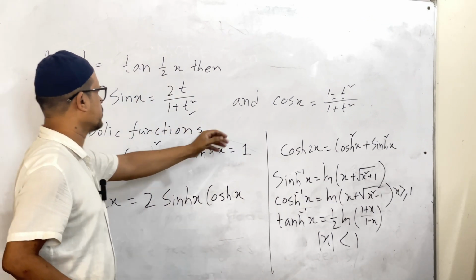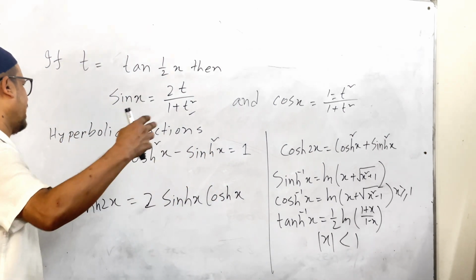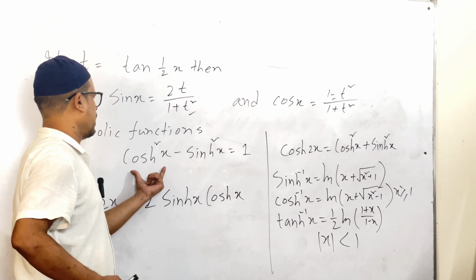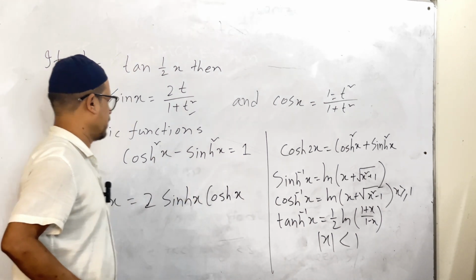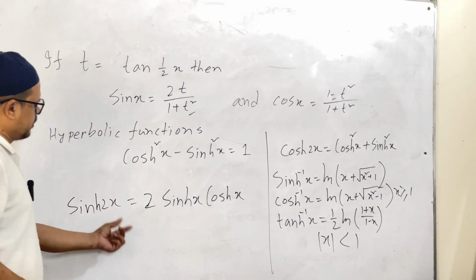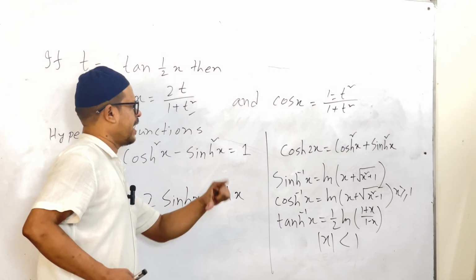That means we have to remember t to be tan half x, then this is the sine x relation, this is the cos x relation. And for hyperbolic functions, we have to know cos h squared x minus sine h squared x. We have to remember it this way: sine h 2x is 2 sine h x cos h x, and cos h 2x is cos h squared x plus sine h squared x. For inverse, sine h inverse x is ln of x plus root x squared plus 1.